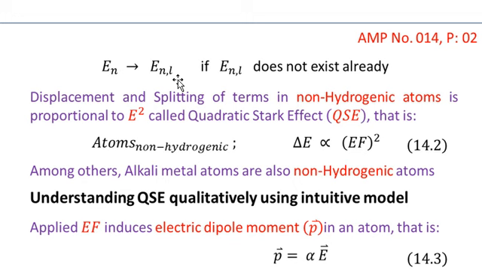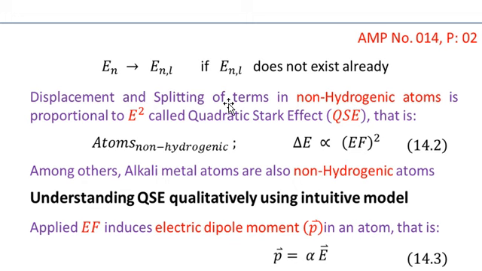Then the orbital degeneracy is lifted under the application of the external electric field. The energy which only depended upon n now depends on both n and L, which means the L degeneracy is lifted by the applied electric field.